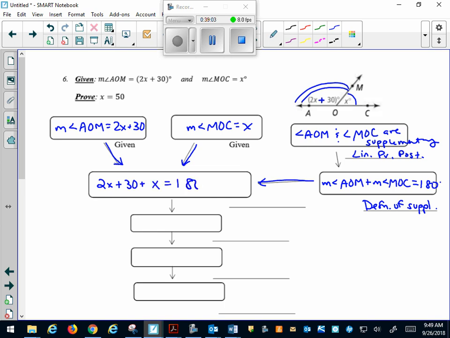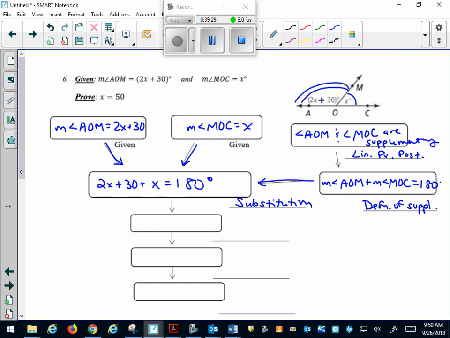Perfect. Which is what you would have done on your last test, right? You would have written that equation and been ready to solve it. Now we're just breaking it down into giving it reasons, explaining every single step. What would be the reason for writing that equation now? Yep. Good. Substitution. We just substituted in what we knew each thing was equal to.